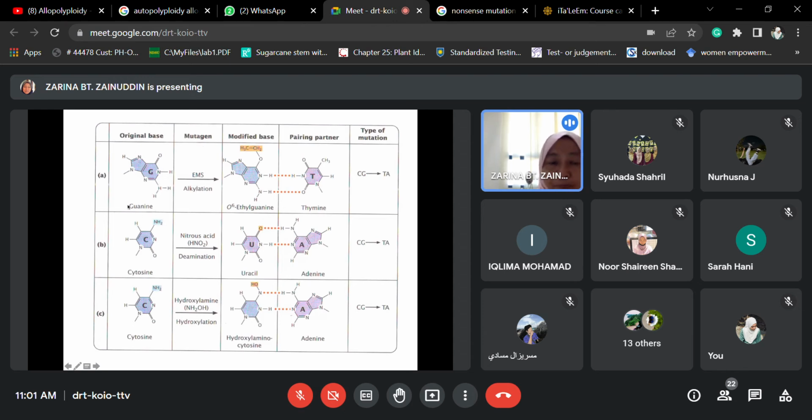Okay, so ni lah contohnya, kalau you expose the plant to the mutagen EMS, initially dalam wild type dia punya nucleotide is guanine. Okay, nanti you dapat O6-ethylguanine. The guanine is modified by the addition of an ethyl group. So nanti dia akan base pair dengan thymine. Okay, kita tahu guanine sepatutnya base pair dengan apa?